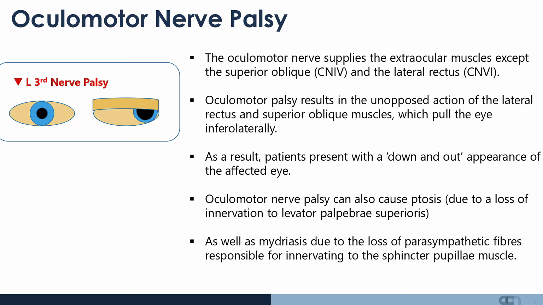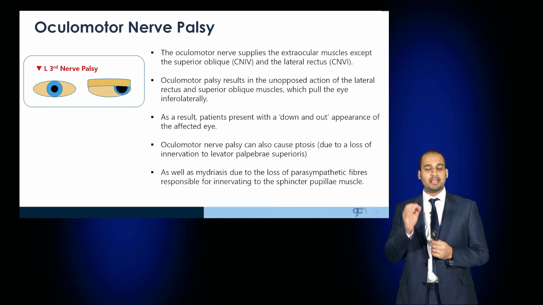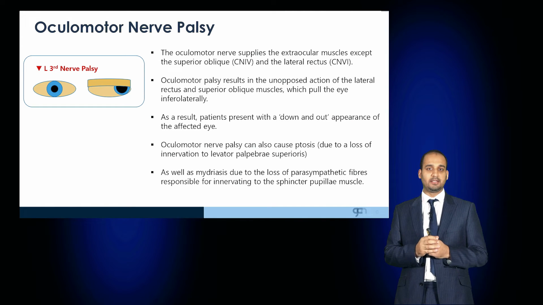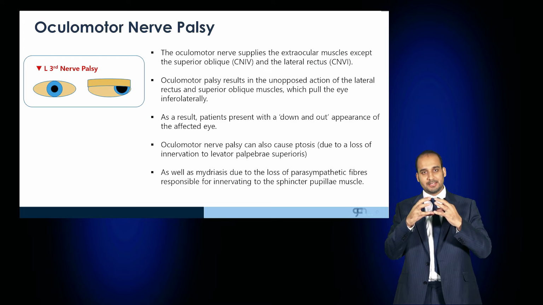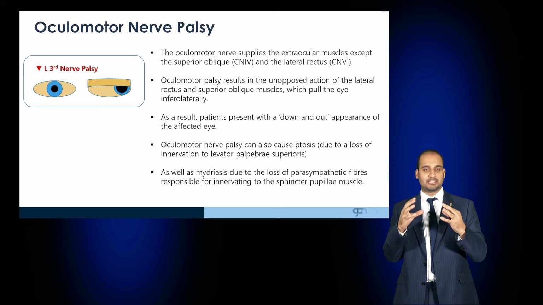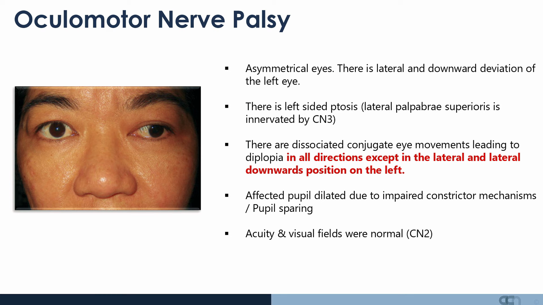Moreover, there is ptosis because the oculomotor nerve innervates the levator palpebrae superioris, and look out for mydriasis. If you have a loss of the parasympathetic function of the third cranial nerve, the unopposed activity will lead to mydriasis. So in this patient, you would describe that the patient has asymmetric eyes in the neutral position.